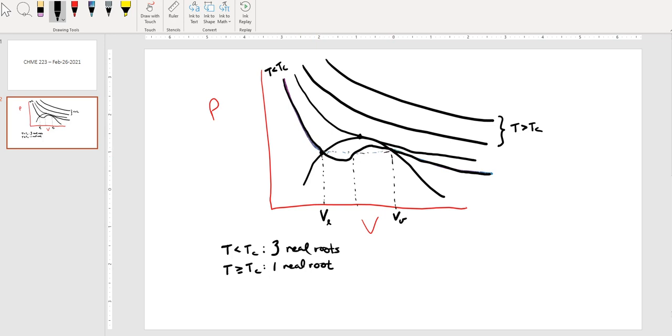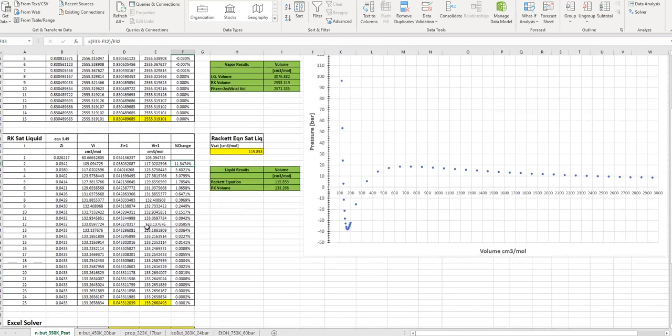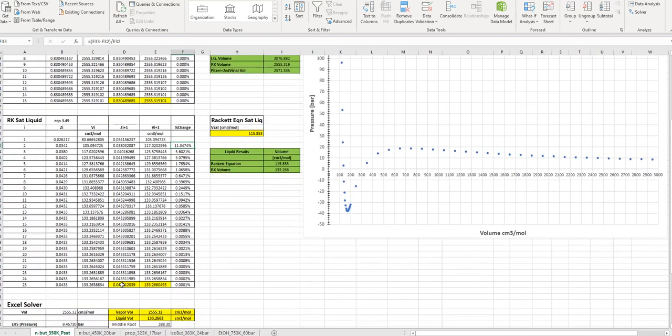After 15 iterations, I've still got some error. I could have probably taken this out to 30 or 40 if I really wanted to. It really doesn't matter. But I finally come up with a molar volume of about 133 centimeters cubed per mole.